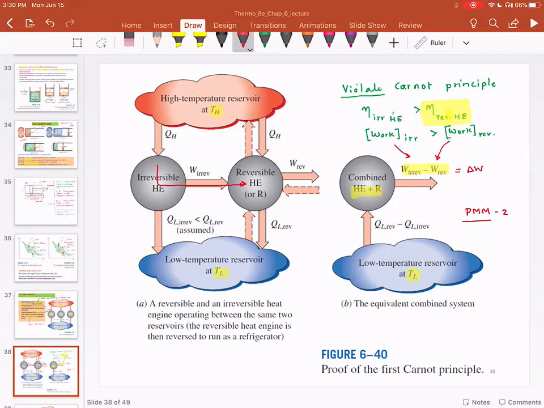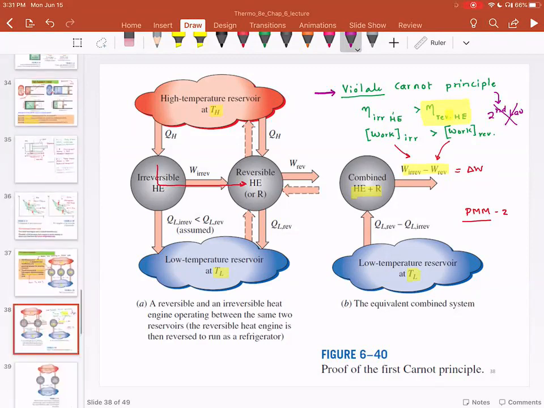That is not possible. So if violation of the Carnot principle leads to violation of the second law, that means you cannot violate the Carnot principle.